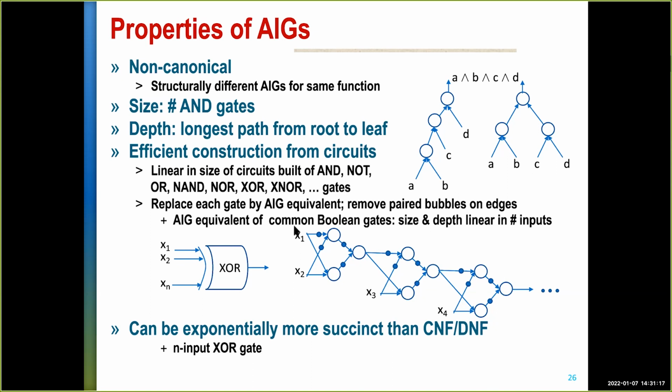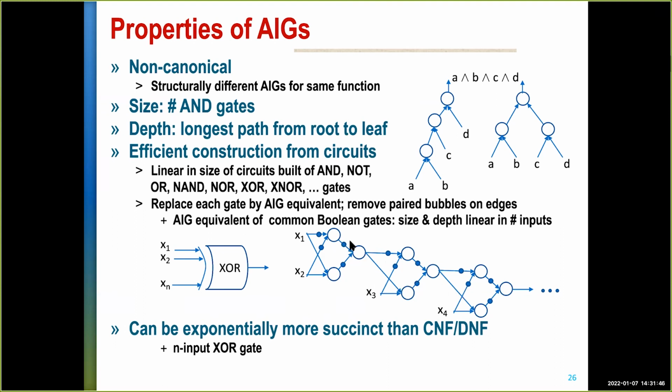I'm going to build it as a chain of two input XORs. So here is the pattern for a two input XOR, which we saw in an earlier slide. I'm going to use that pattern and just repeat it. And because I have the ability to connect the output of this node to the inputs of other nodes, I can just keep connecting them like this, right?